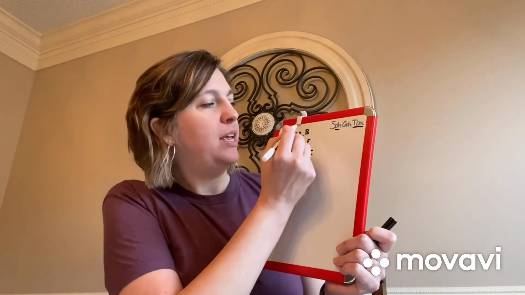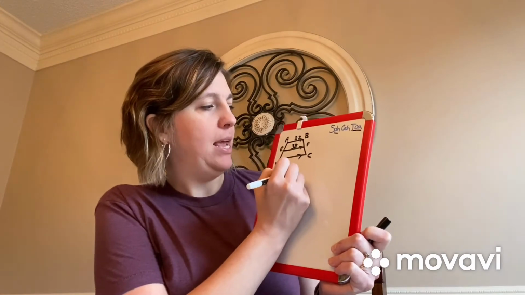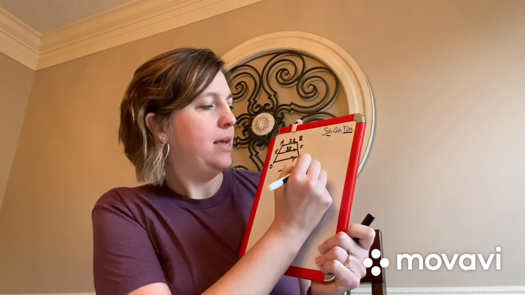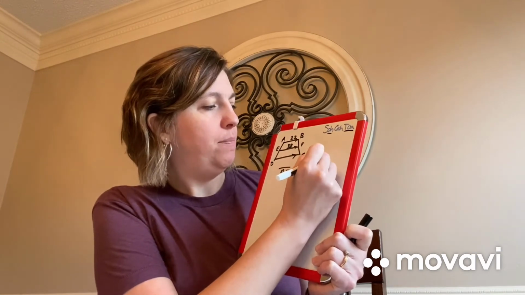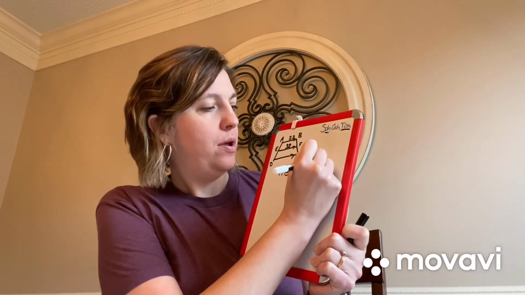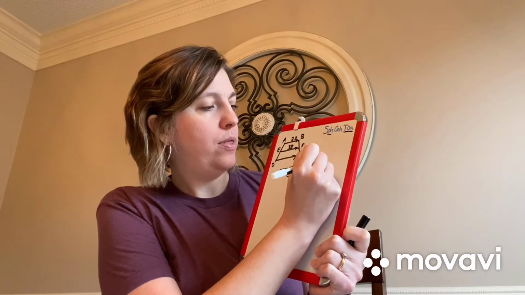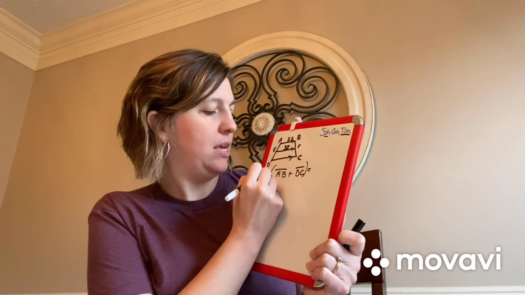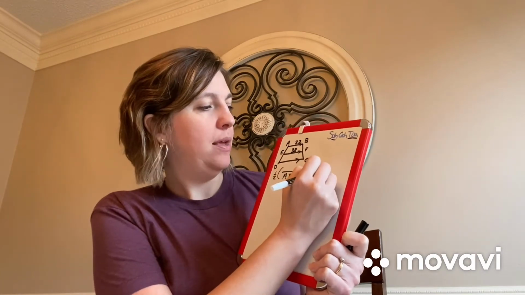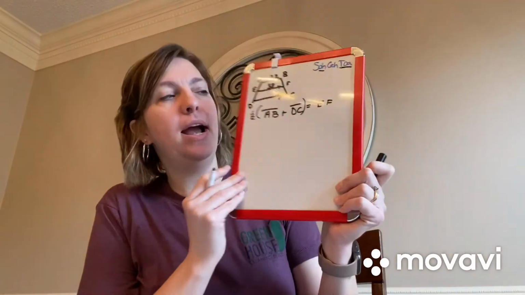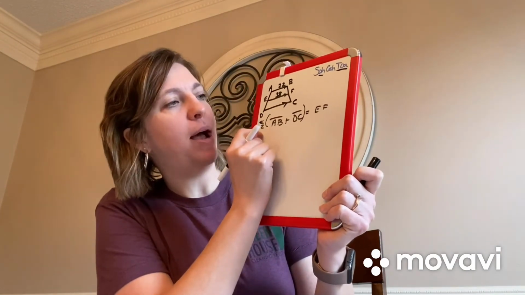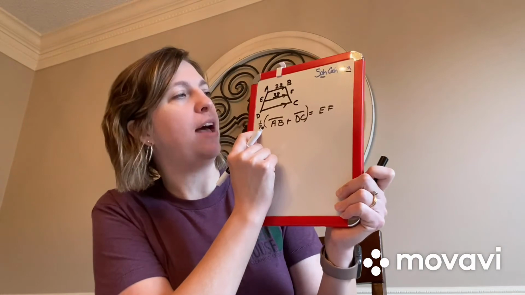Now, we know that if I add segment AB plus DC, and take 1/2 of this, it will be EF, right? So I add the two, the top and the bottom, add them together, divide by 2, or multiply it times 1/2, same thing.